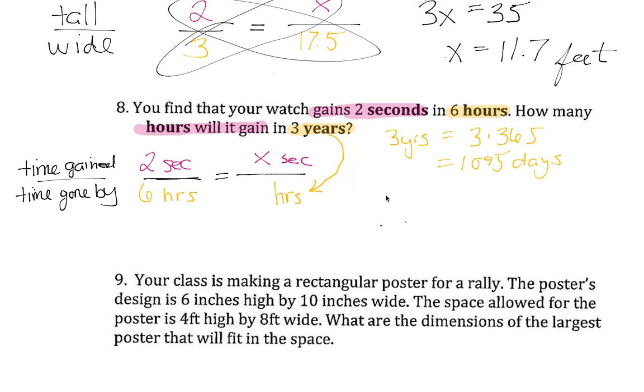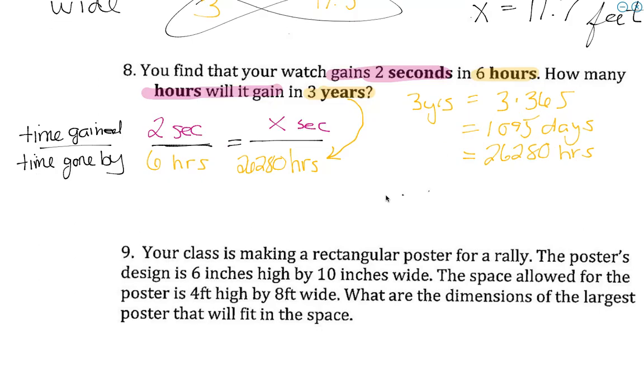So that's 1,095 days. And there's 24 hours in each of those days. So that's 26,280 hours. Now all of our units are how we want them.